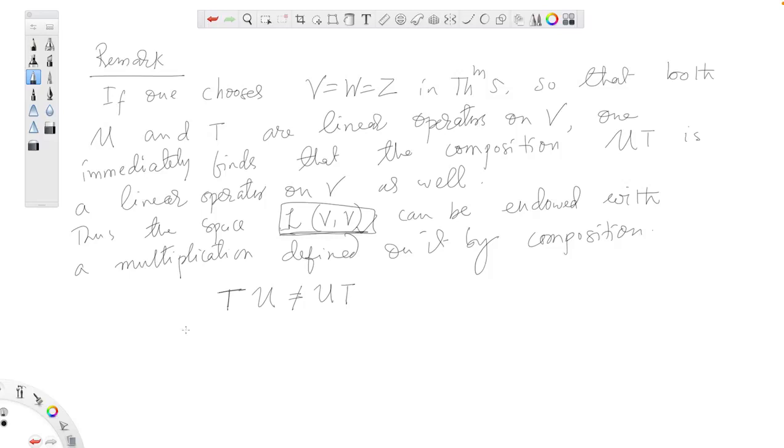Also note that if T is in this vector space L(V, V), then one can form T squared by composing T with itself, or multiplying T with itself. Similarly, one can go on like this. T to the n is equal to the multiplication of T with itself n many times.